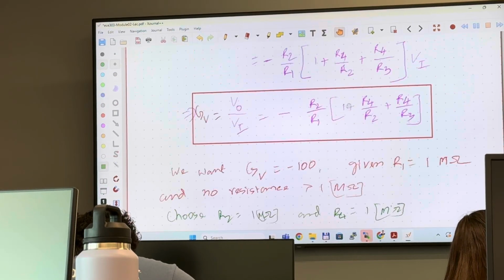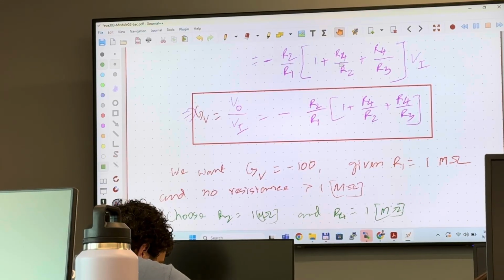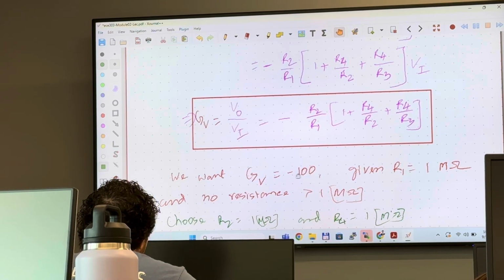So this is 1, this part is 1, 1 plus 1 is 2, then this part has to be 98, right? If the gain is 100, this part has to be 98.